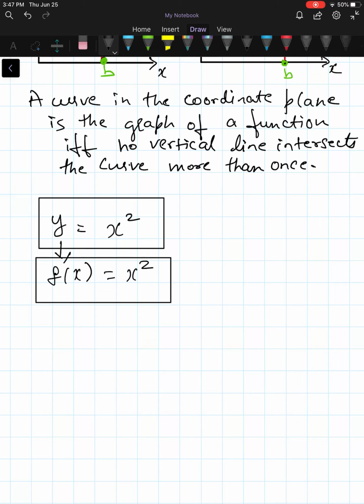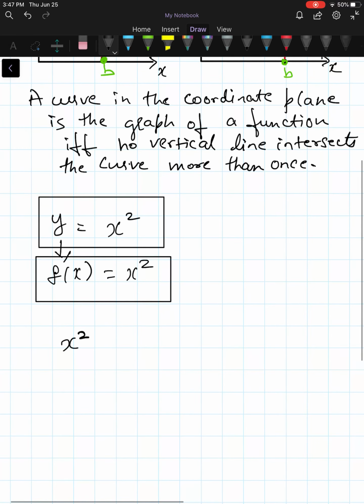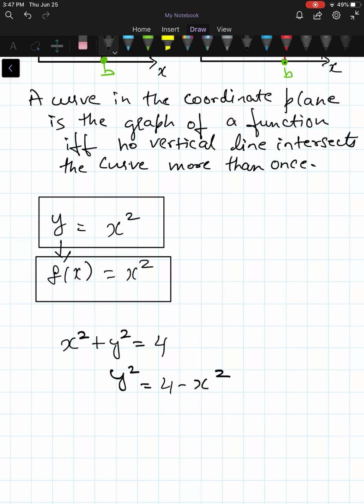So given an equation, can you find out whether it is representing a function or not? Yes, you can do that. For example, consider x square plus y square is equal to 4. If you solve for y, you will get y square is equal to 4 minus x square, and y is equal to plus or minus square root of 4 minus x square.